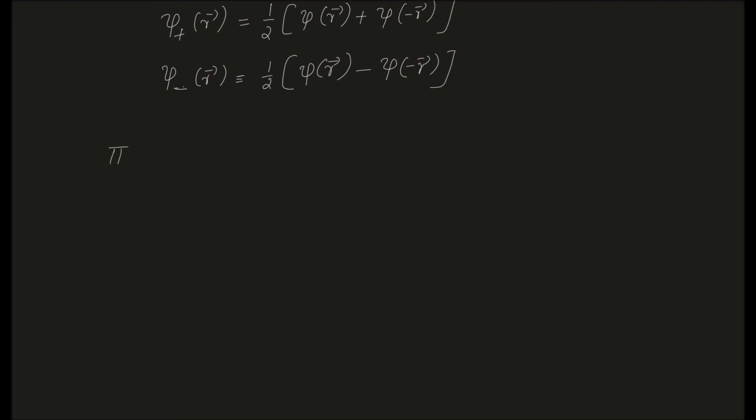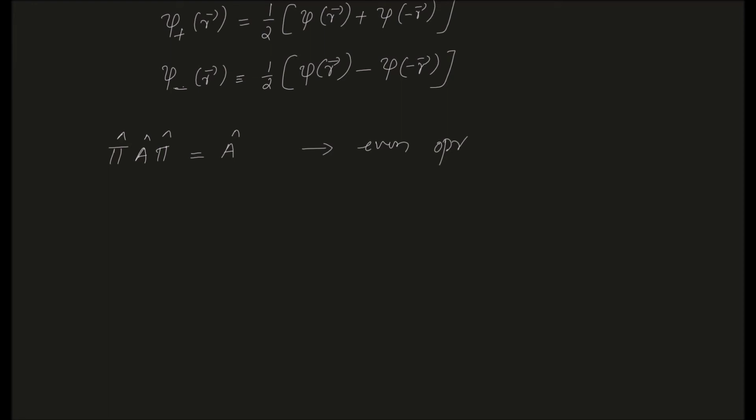Now an operator is said to be even if it obeys the following condition. Let's say we have an operator A, then when we have the parity operator acting on it, pi A pi, if it is same as the operator itself, then A is said to be an even operator.